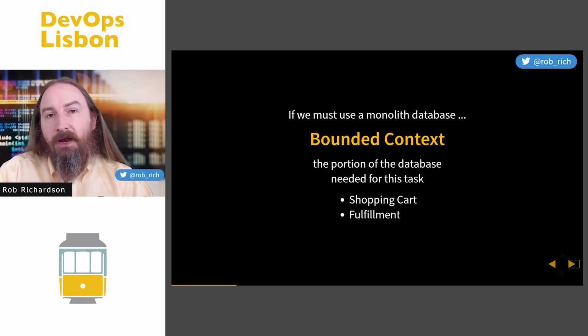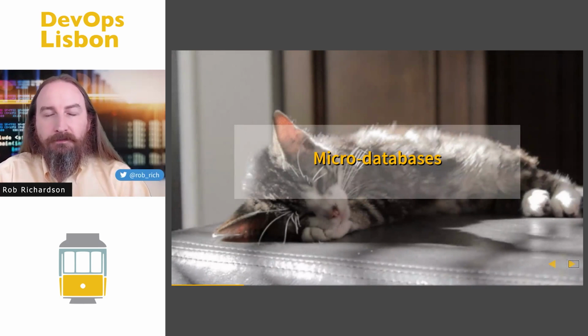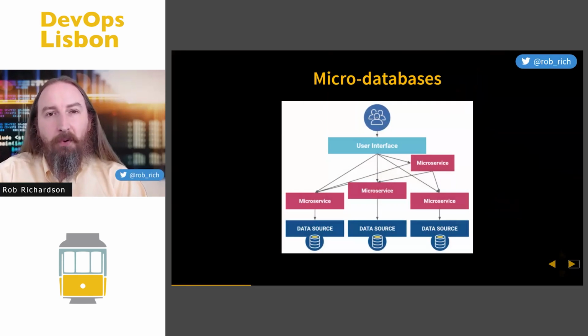At the point where we get to automation around backup and authentication, we can get to what I'm going to call micro databases. A micro database is that portion of the data store that is allocated to a particular microservice.